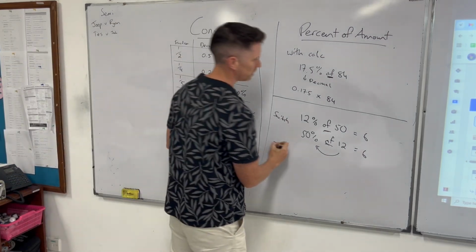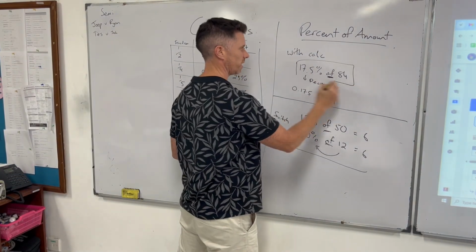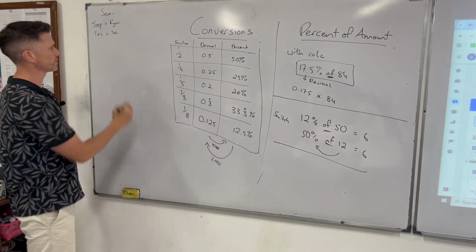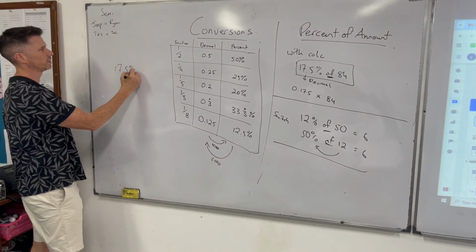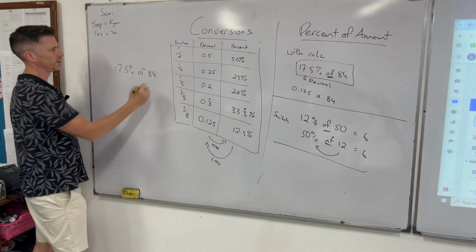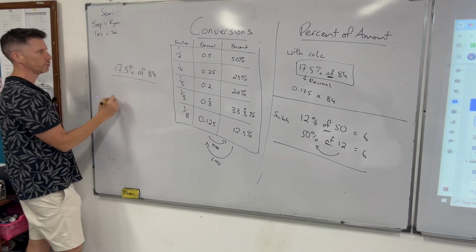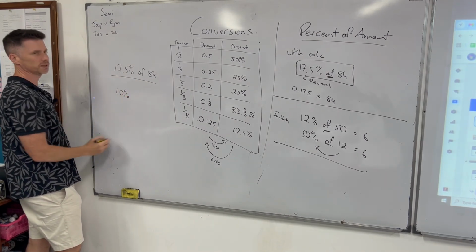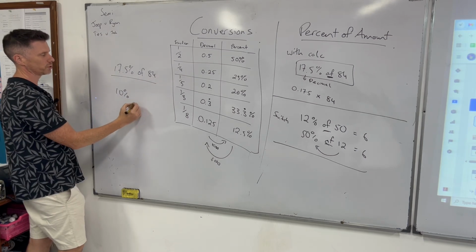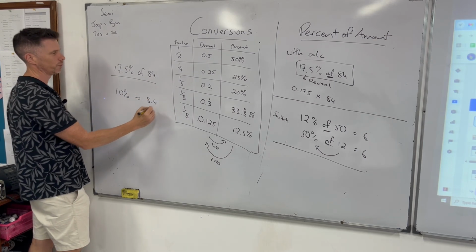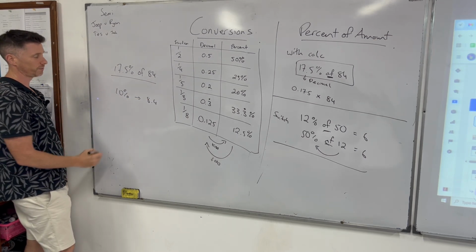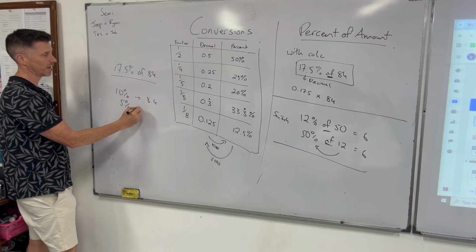So if I want to get 17.5% of 84 without a calculator, that is much more difficult. So a good way is I can always get 10% by just moving the decimal spot 1. So 10% is 8.4. And 5% then is always half of 10%.